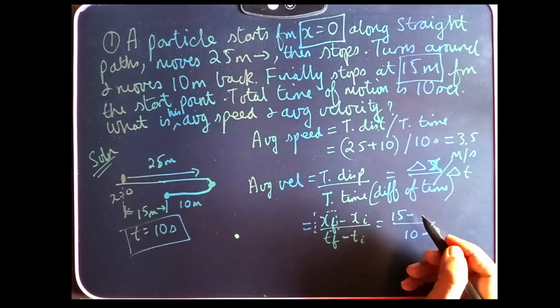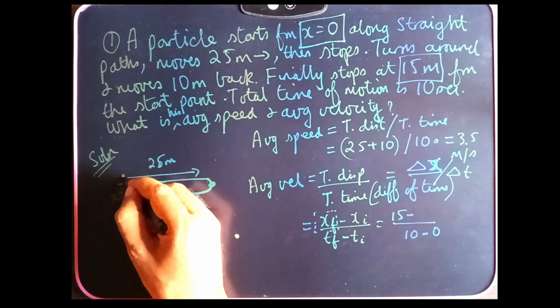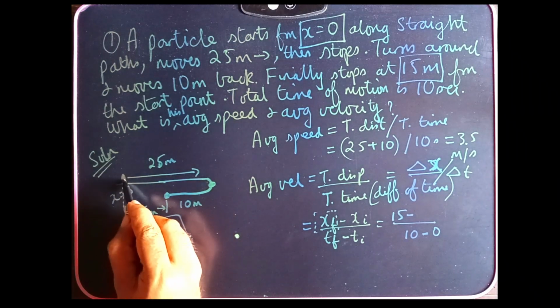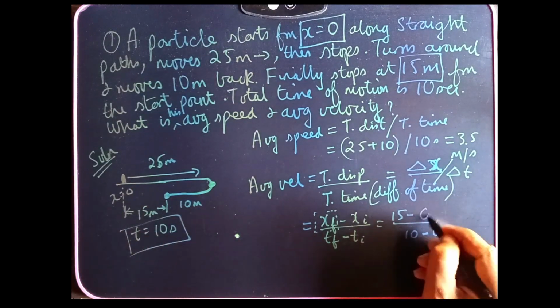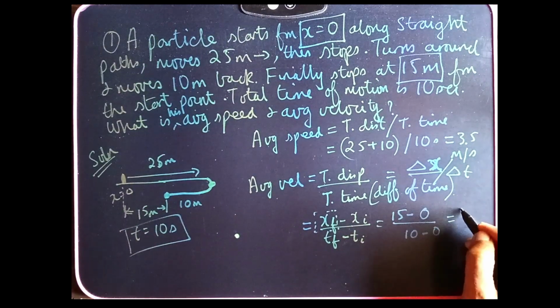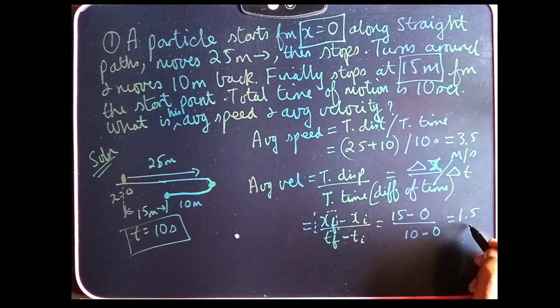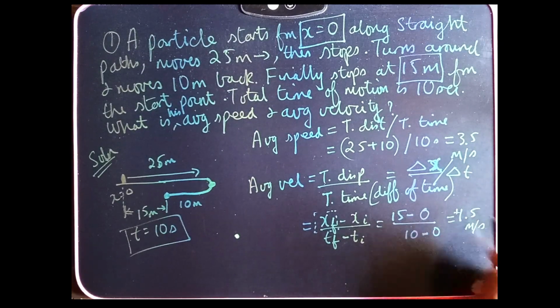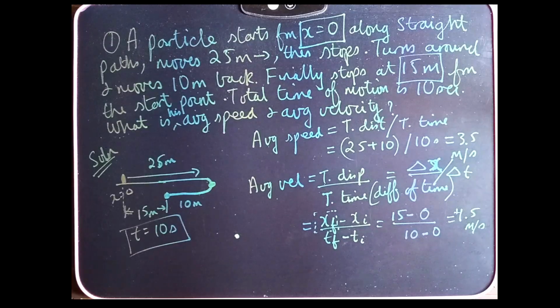And what is the initial position? Initial position, at this origin, is 0. So 15 minus 0, right? So you'll get how much? 1.5 meter per second. And this is positive. So that means the displacement of the particle is in the positive direction.